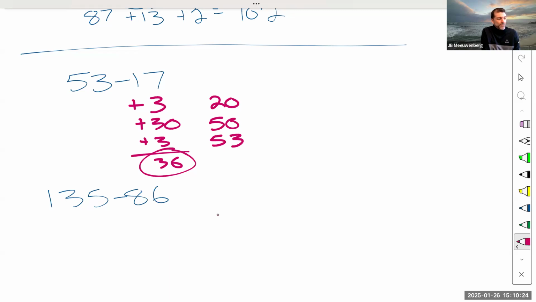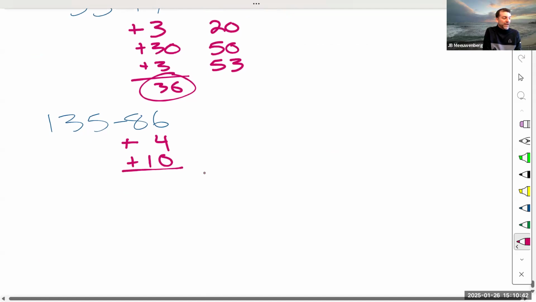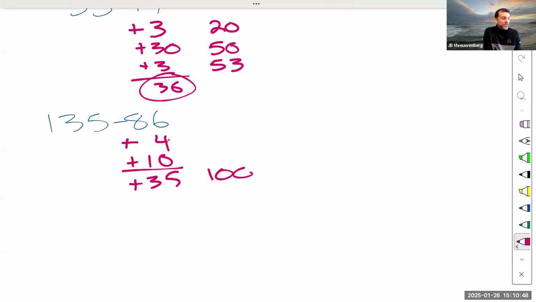Okay, that's, again, one way you could do it, and there are many. For 135 minus 86, how did you do that? For me, the first thing I thought of was, well, I'm going to add 4 to get up to 90, and then I'm going to add 10 to get me to 100, right? Once I get to 100, now it's pretty easy to get to 135 by adding another 35.